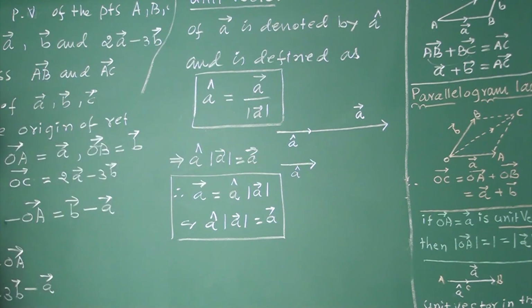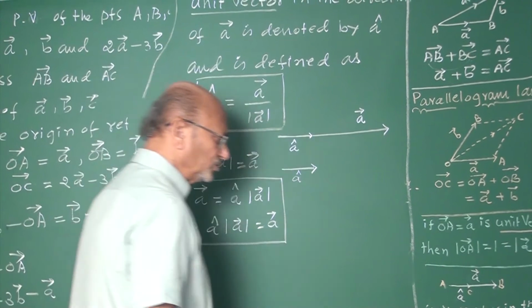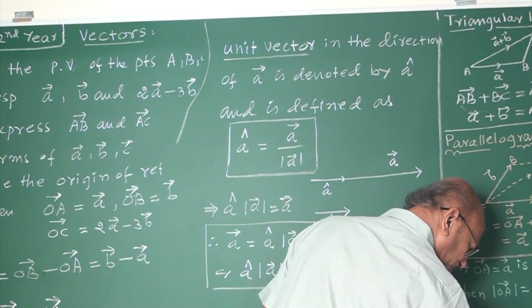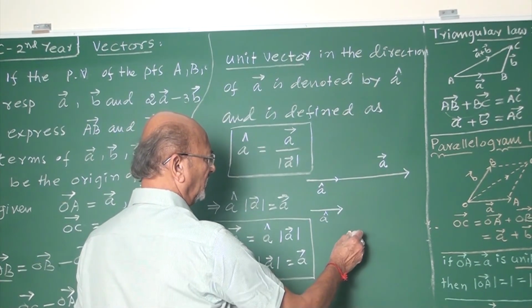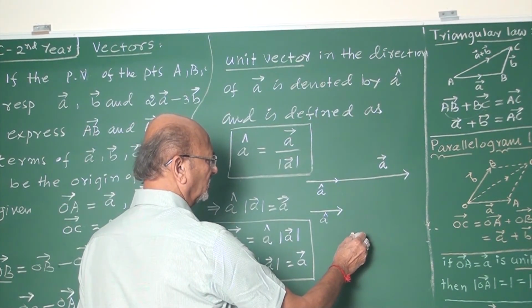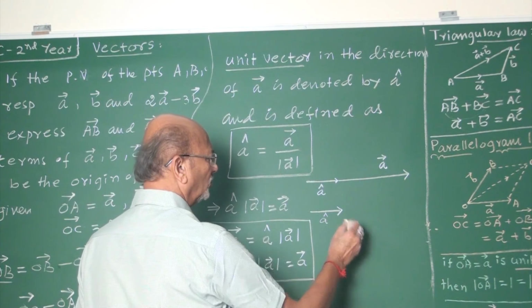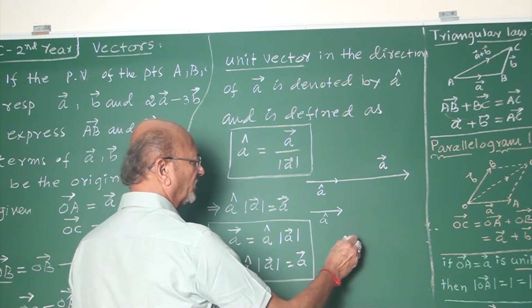This is one. And another thing that I will use is about the vector. This vector can be expressed in terms of an ordered pair, my friends.